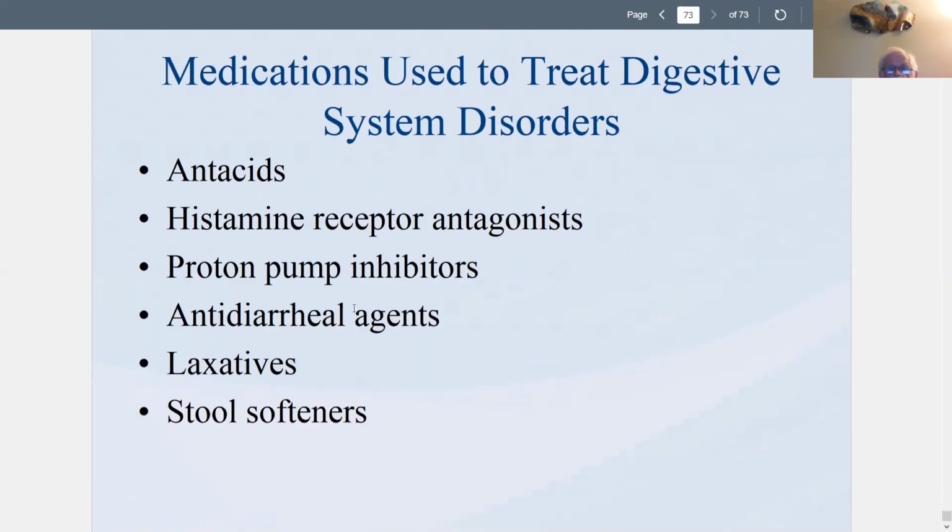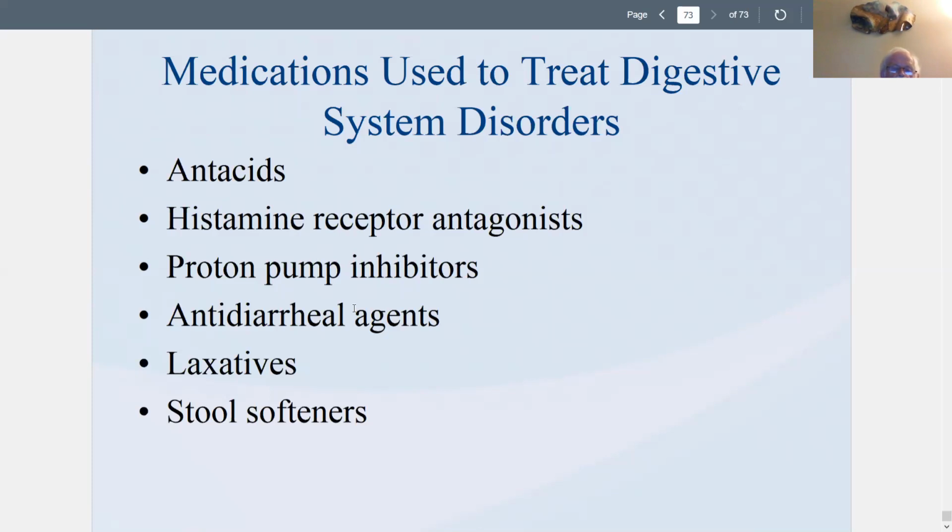The drugs we can use for these kinds of disorders include this list here, plus many others, antacids. We'll also be using painkillers. For the viral liver diseases, we have a number of drugs for treating that now, antiviral drugs. Histamine receptor antagonists, proton pump inhibitors.